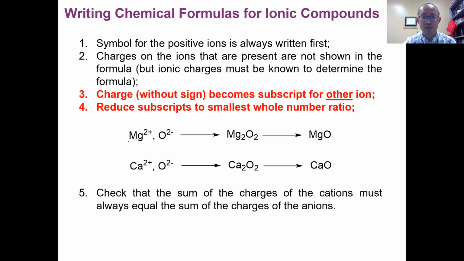You don't have to really write the charge, but you know they will become charged species. For example, magnesium and oxygen. The magnesium charge is 2+, group 2 element. Oxygen, the charge is 2-, group 6 element. You need to know the charge. That's the most important thing.